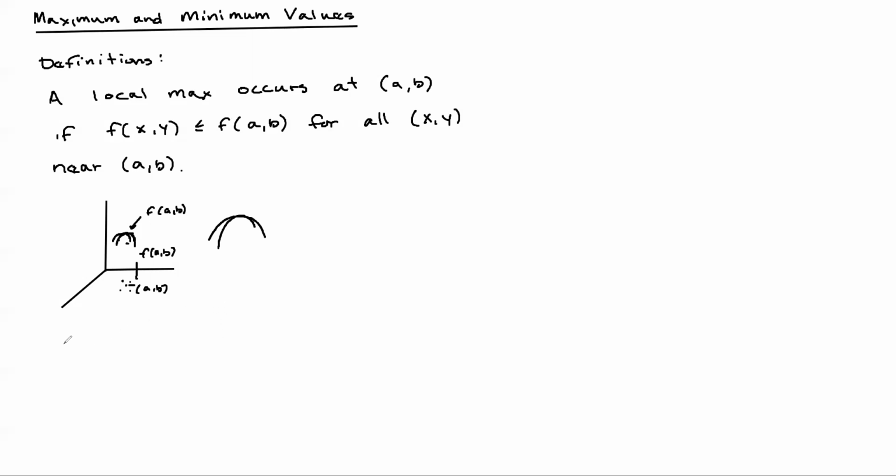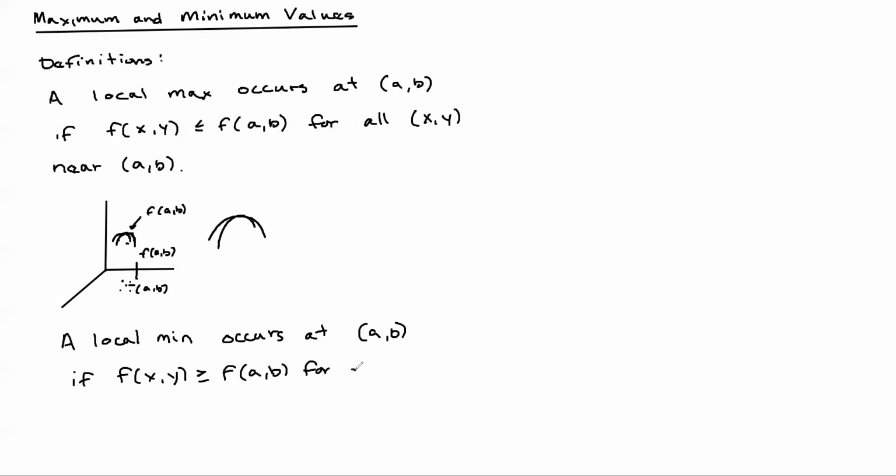Okay, so a local minimum occurs at (a, b) if f(x, y) is greater than or equal to f(a, b) for all (x, y) near (a, b).